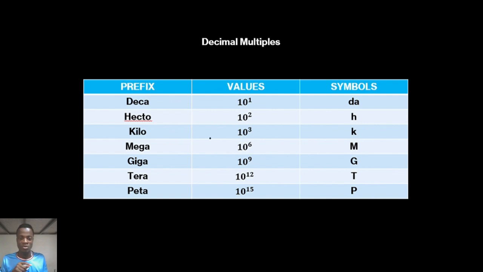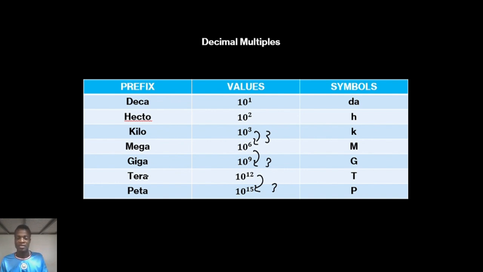After you get to 3, which is kilo, whose symbol is k, the power difference is now 3, 3, 3. So 10 to the power 3, the next one is 10 to the power 6, 10 to the power 9, 10 to the power 12, and so on. We are adding 3, 3, 3, 3. So this is deca, hecto, kilo, mega, giga, tera, peta, right? Petameter, whatever, kilometer, kilogram, megagrams.